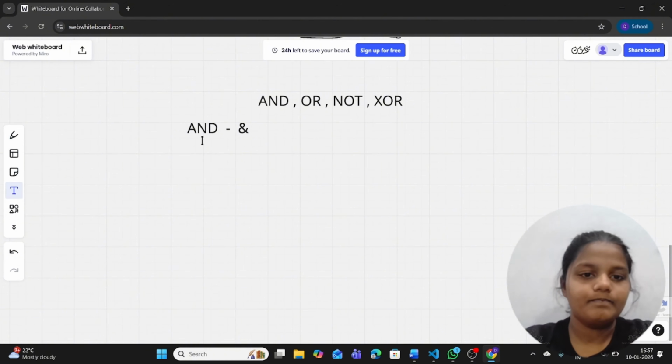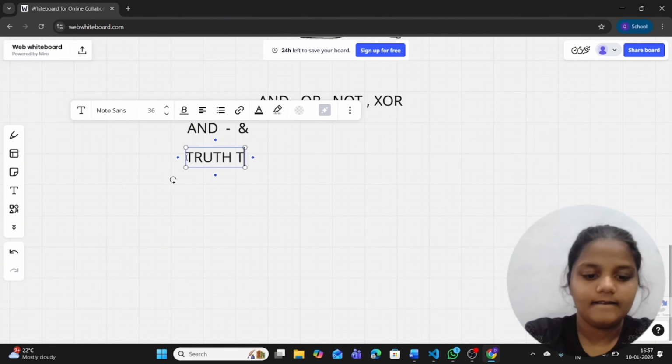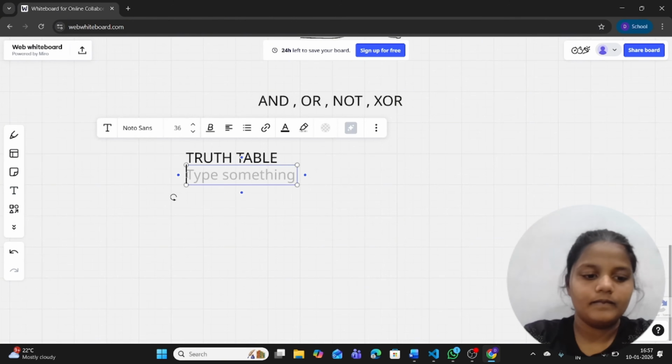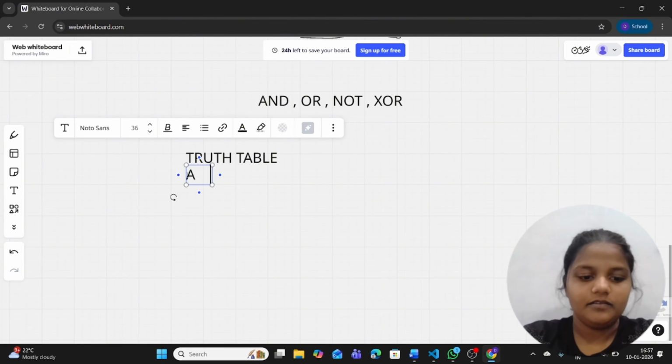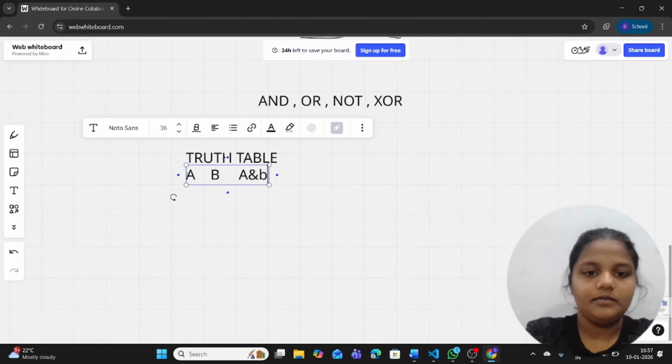The truth table is: we are giving two values, A and B, and we see what we get.